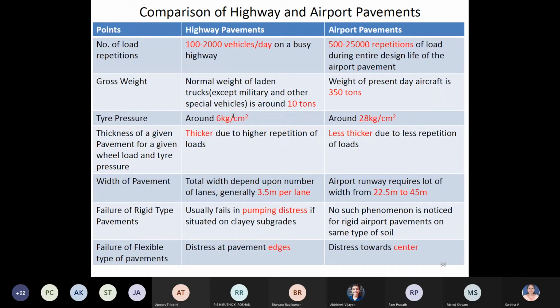The problem is that the rollers or compacting equipment might find it difficult to compact thoroughly at the edges, so you can see more distress on the edge parts. But in airports, most of the distresses are seen in the center region. So this is the difference between a highway and airport pavement.